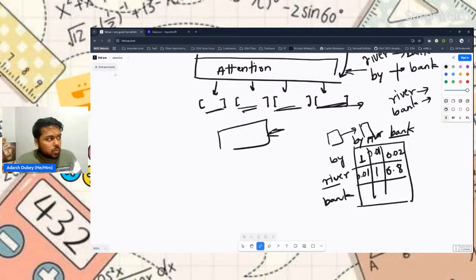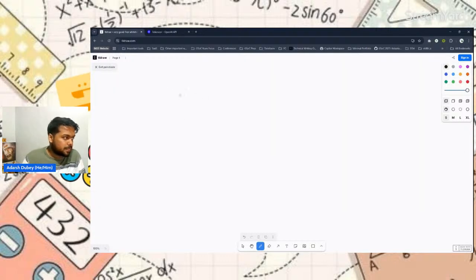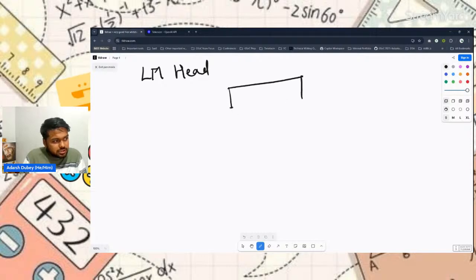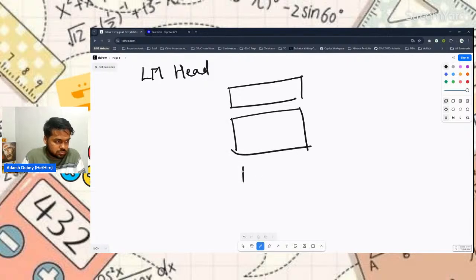Now, the next thing, LM head. What is LM head? So, as I drew previously, this is our generational transformer architecture. We have embeddings.